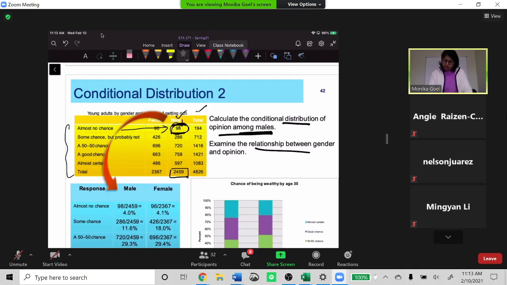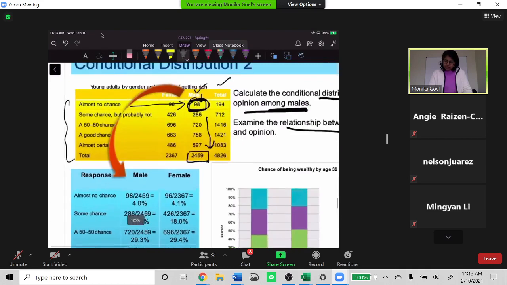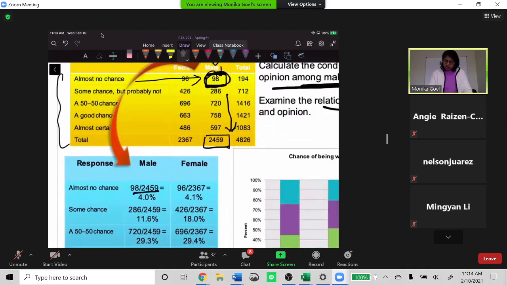Almost no chance, 98. And how many total? 2,459. So I can find the percentage of males who are saying that there is almost no chance of getting rich. So 98 divided by 2,459, you get 4%. Similarly, you can find for this 286 divided by this, 720, this.